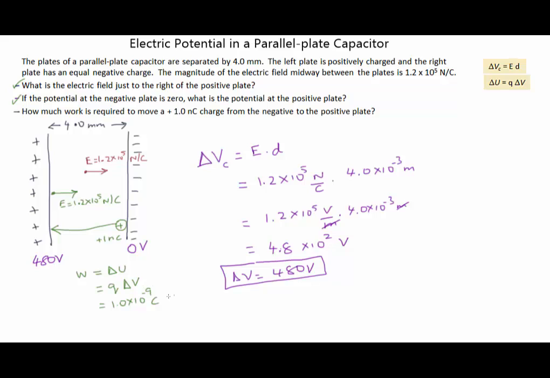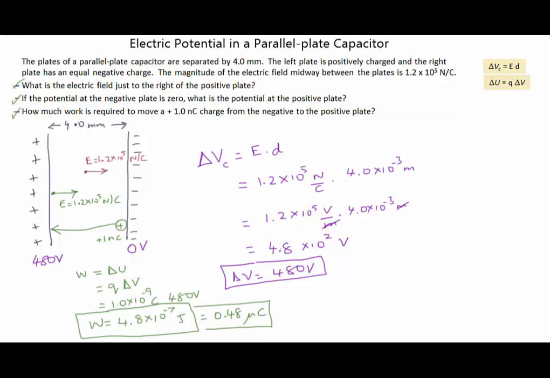I've been given potential difference as 480 volts. So when I multiply those two, I will get 4.8 times 10 to the negative 7 joules. Coulombs times volts is joules, and that's the amount of work that I will need. So this turns out to be 0.48 microjoules if you want to write it in that unit.